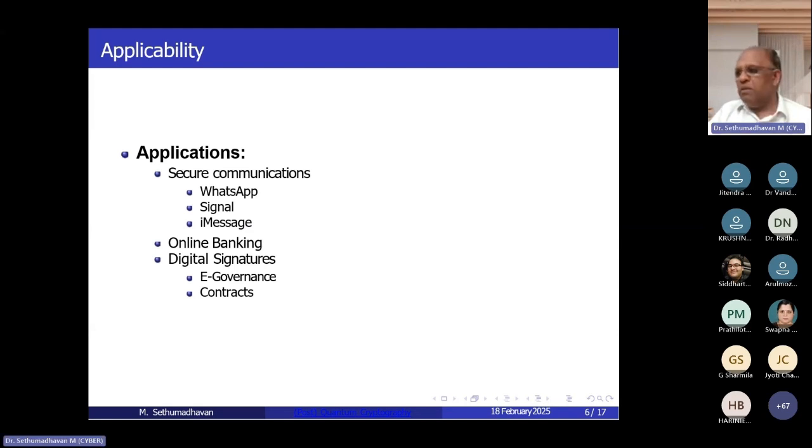And 1024 means the product of the two prime numbers has a total of 1024 bits. Generally, if some attack is about to come on the discrete logarithm problem or integer factorization problem, then people will increase the size of the prime numbers P and Q, so that you can again defeat the algorithms for integer factorization.